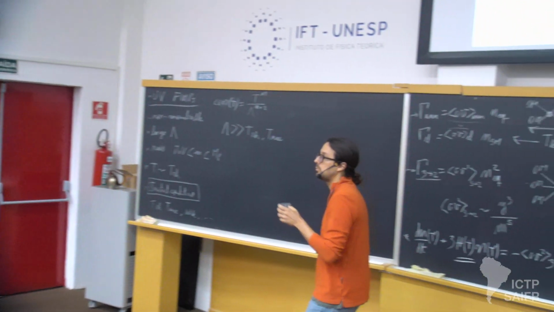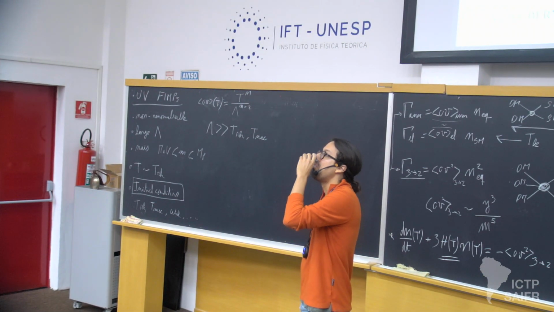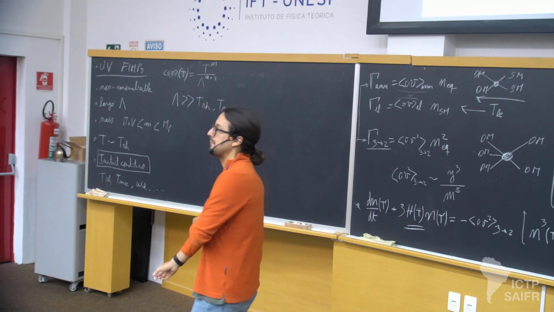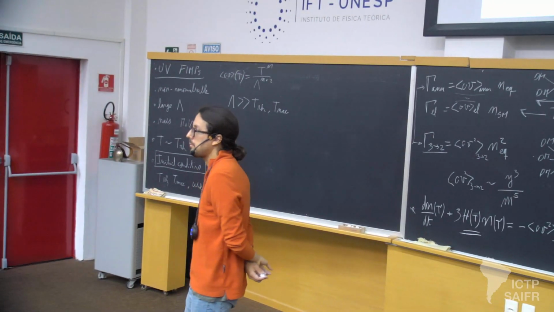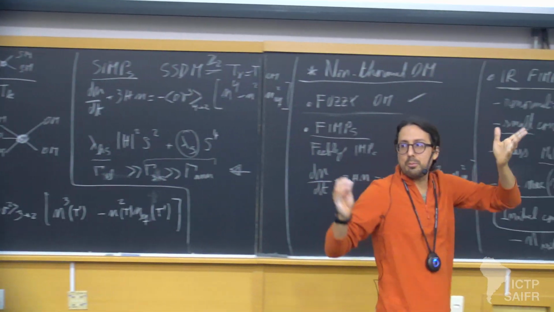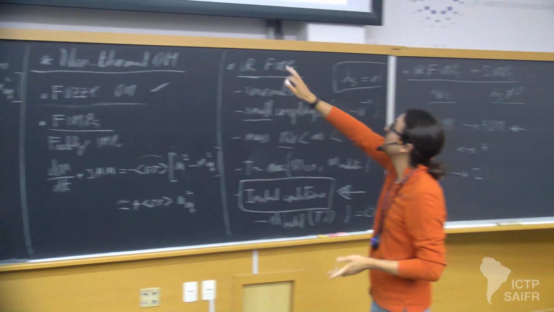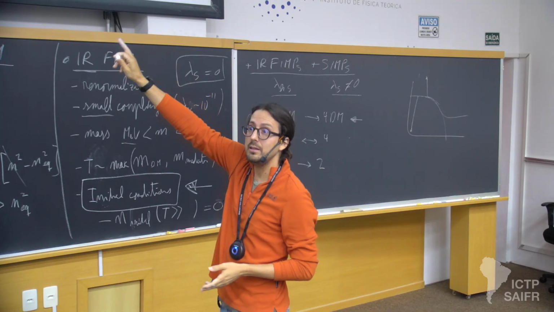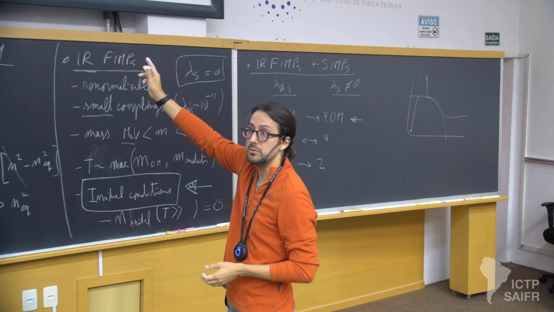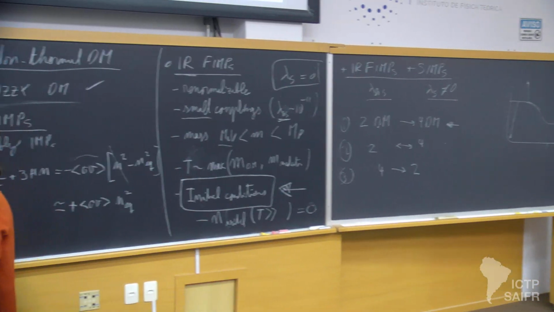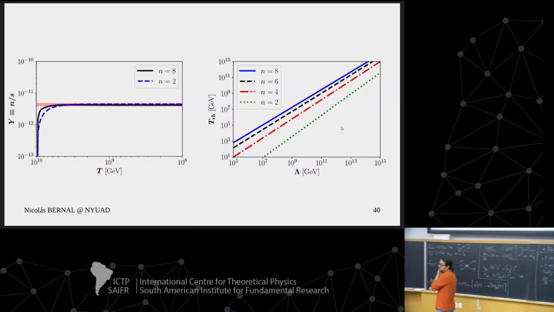So if you fix your particle physics, meaning you fix your operator and your lambda, you can know what T reheat is required in order to reproduce observations. We don't know it; it has to be higher than MeVs.